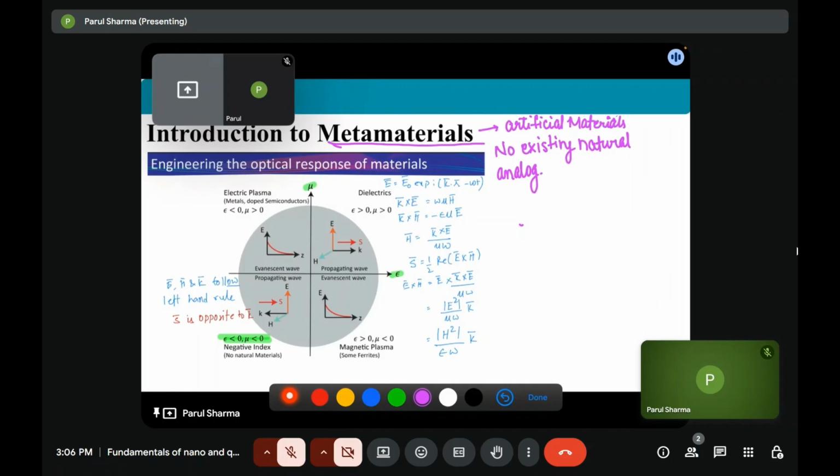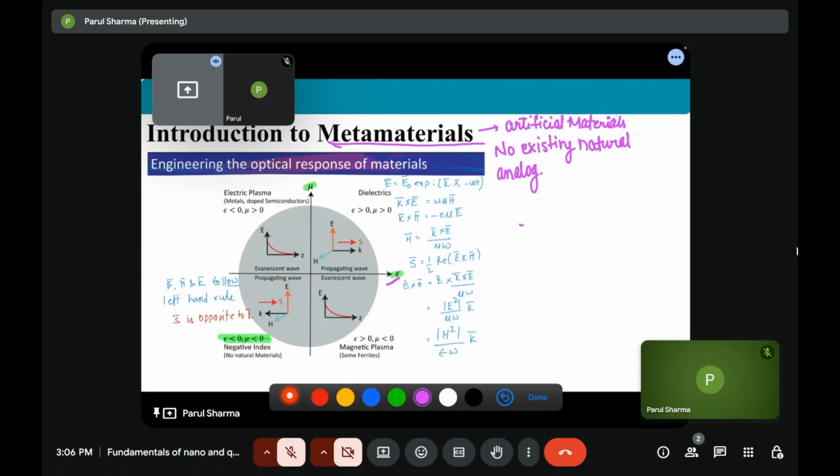To understand metamaterials, we can look at the epsilon and mu quadrant. You can see that on the x-axis we have the permittivity, and on the y-axis we have the permeability.